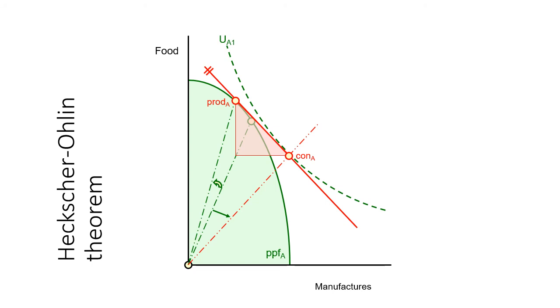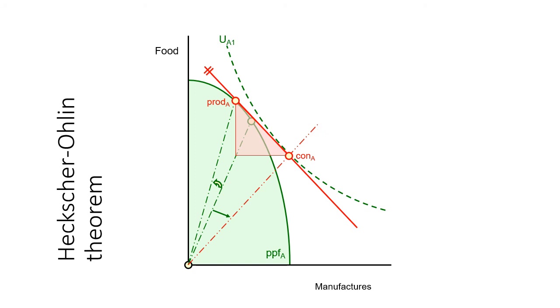That means that the income line, or the ratio of prices line, is now flatter, or less steep. In terms of the diagram, that relates to a new production level, production A, and a new consumption level, consumption A.